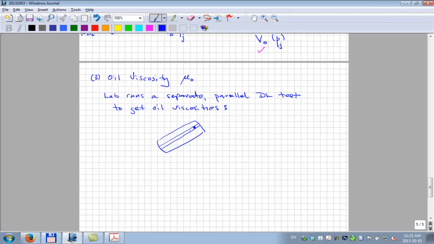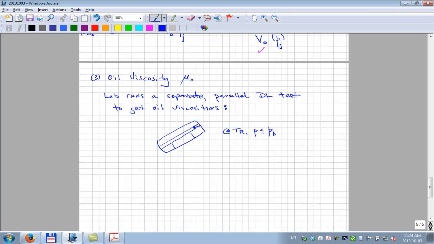And they fill, basically there's kind of a metering here and a metering here. And this is at reservoir temperature and at various pressures less than or equal to the bubble point. And each time they'll lower the pressure, they'll remove all the gas from the container, and then there's a kind of a magnet here. They'll release the steel ball.